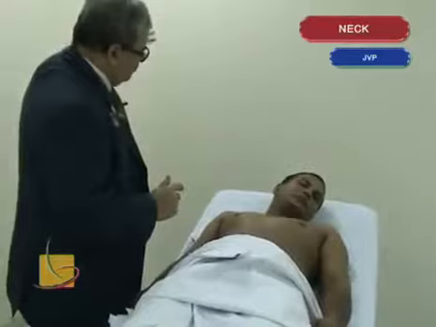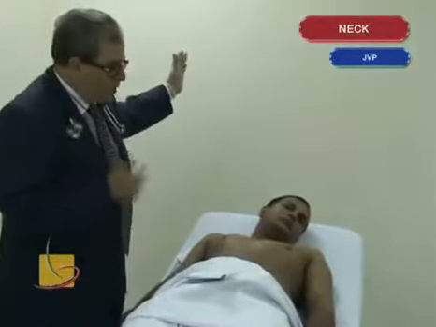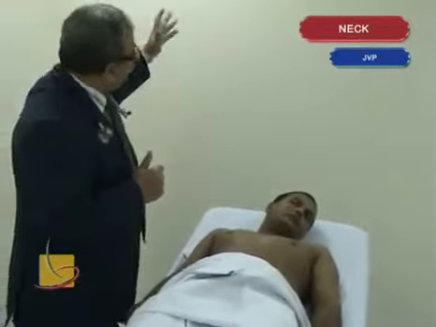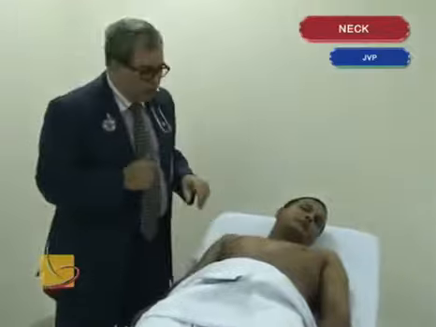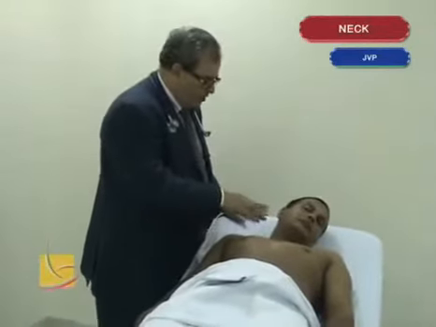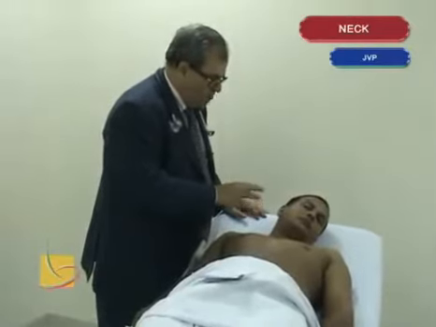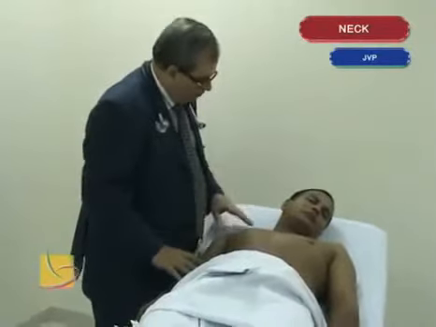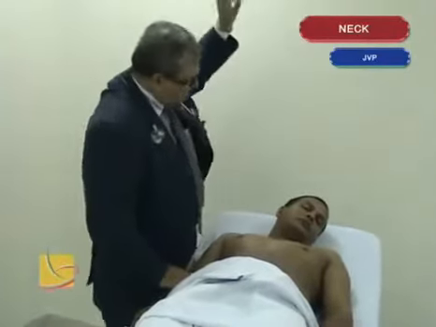If it is not available, then we have to have a bedside lamp. In my opinion, a bedside lamp or good light like this is much better than the torch light. Torch light, if it is moving, might create a lot of waves which might give you a hard time in evaluating the pulsation.